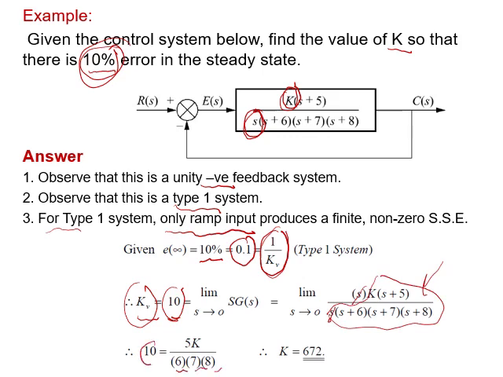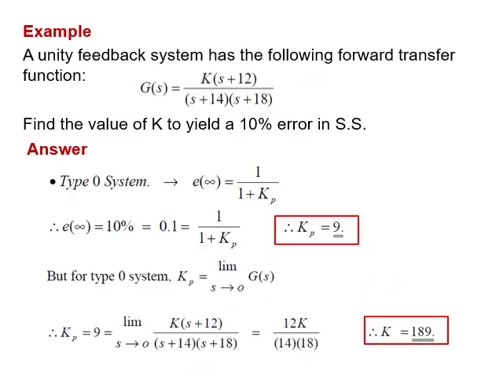That means 10, the Kv which we found earlier, equals 5K over 6 into 7 into 8. From there we can calculate K equal to 672. That means the value of K to get the specific error of 0.1 or 10% is equal to 672.